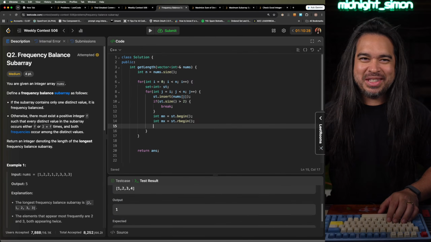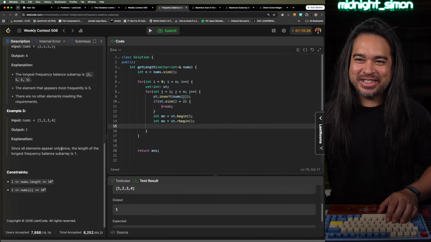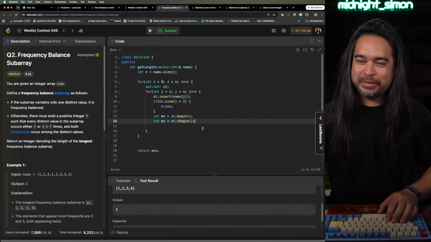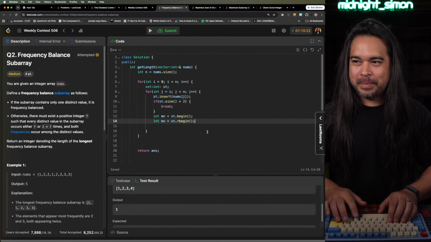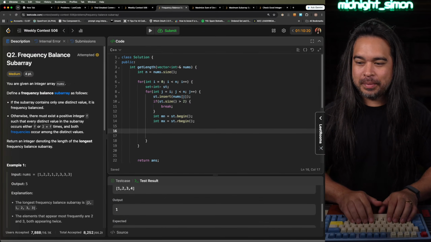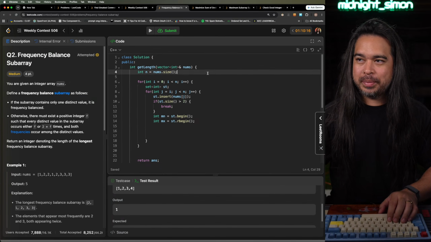Man, I submitted that without even looking at the constraints. That was a crazy move. What am I doing?